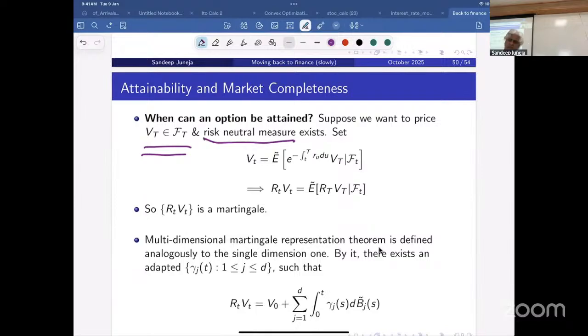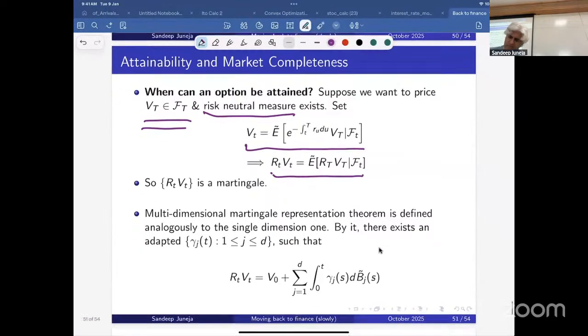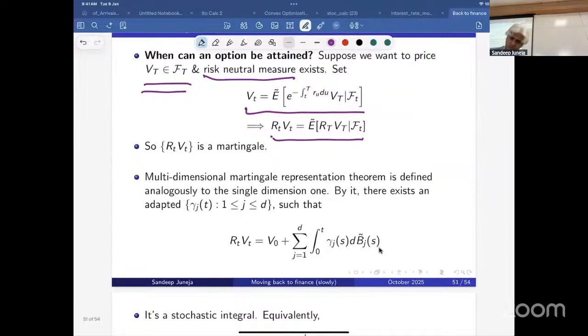So in that world, I can compute this quantity V_t, which is just the conditional expectation. In particular, the discounted V_t, with this definition of V_t, is going to be a martingale, right? So the risk neutral measure exists, I know V of big T, and I can construct this martingale process.